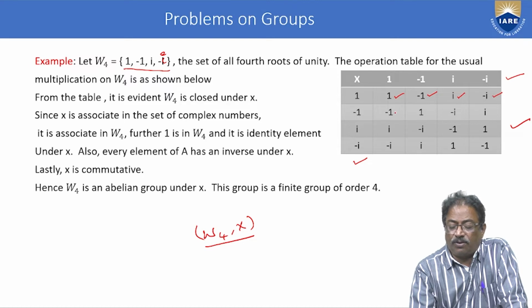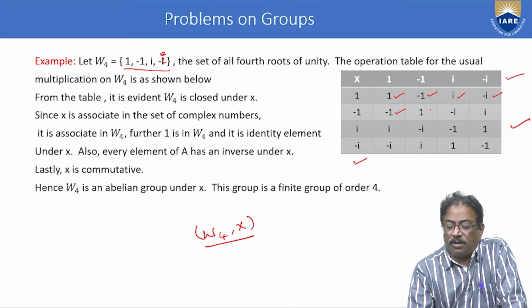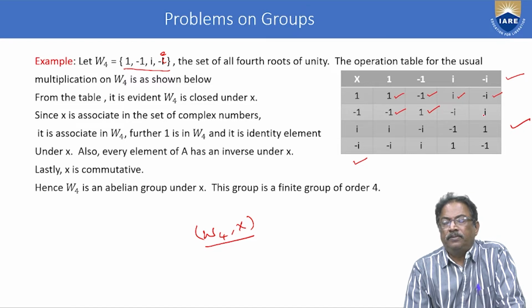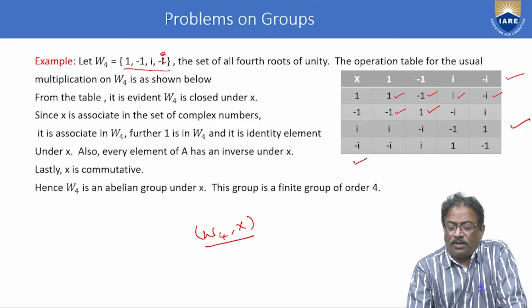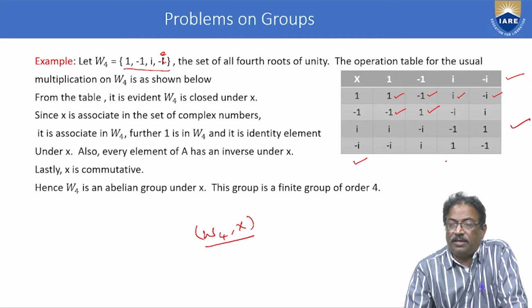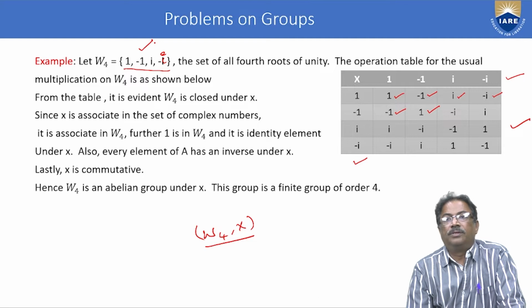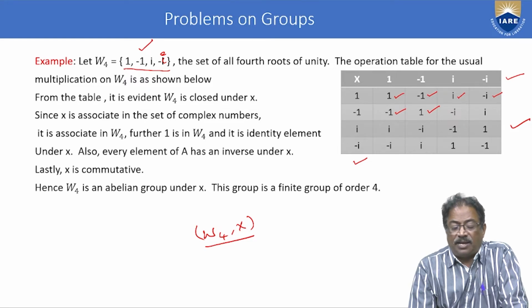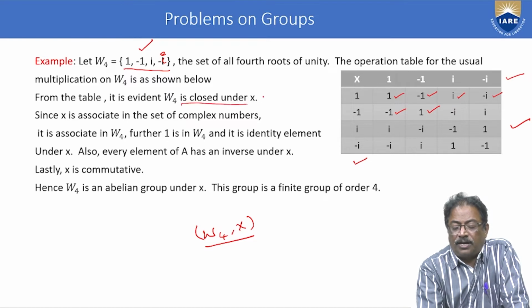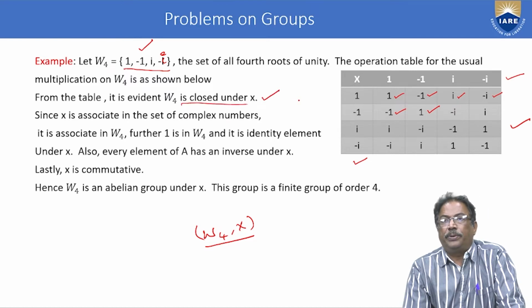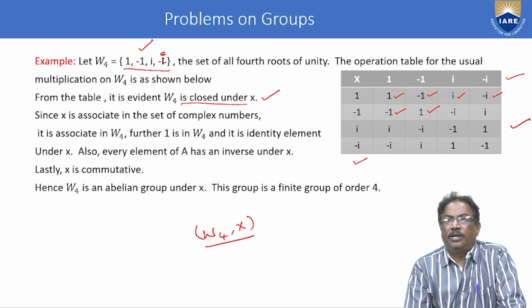Next, minus 1 into 1 is minus 1, minus 1 into minus 1 is 1, like that. Observe here, all the elements we are getting are members of W4. So we can say that it is closed under the binary operation multiplication.